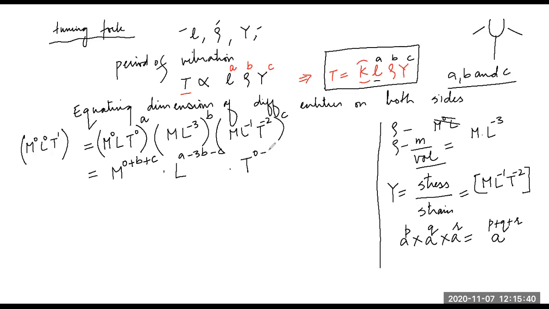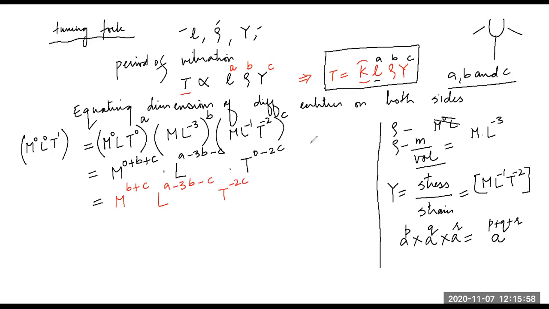So it is 0 minus 2c, that is minus 2c. So this can be written as M raised to power b plus c, L raised to power a minus 3b minus c, and T raised to power minus 2c.